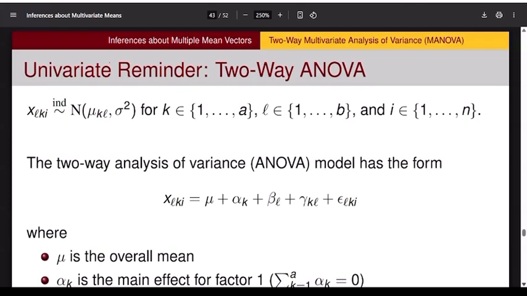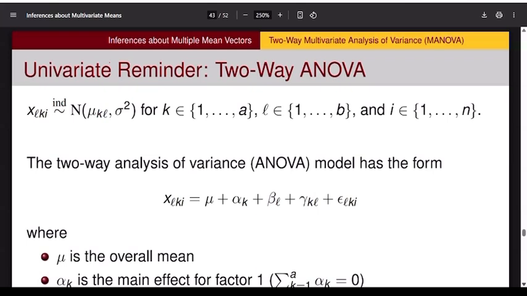But before you can understand the multivariate analysis of variance involving two categorical factors, I need to first walk you through the univariate. Because if you have a recap on the univariate, we're actually going to generalize the univariate to the multivariate situation.